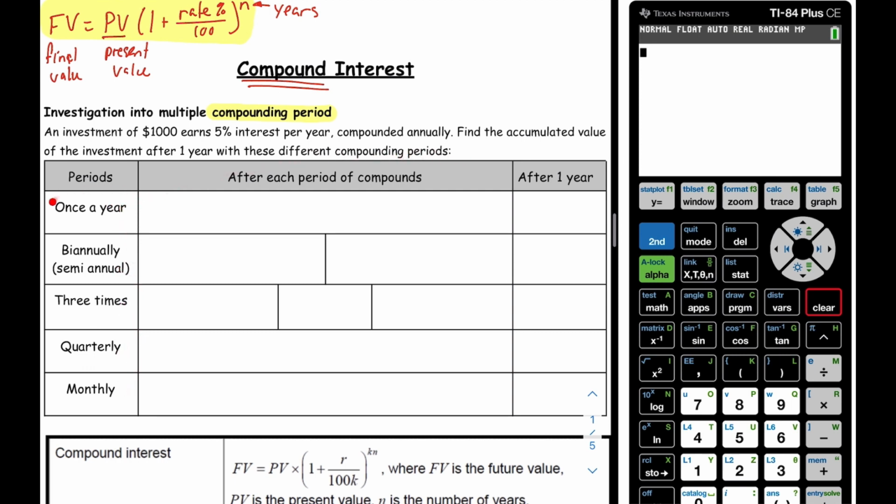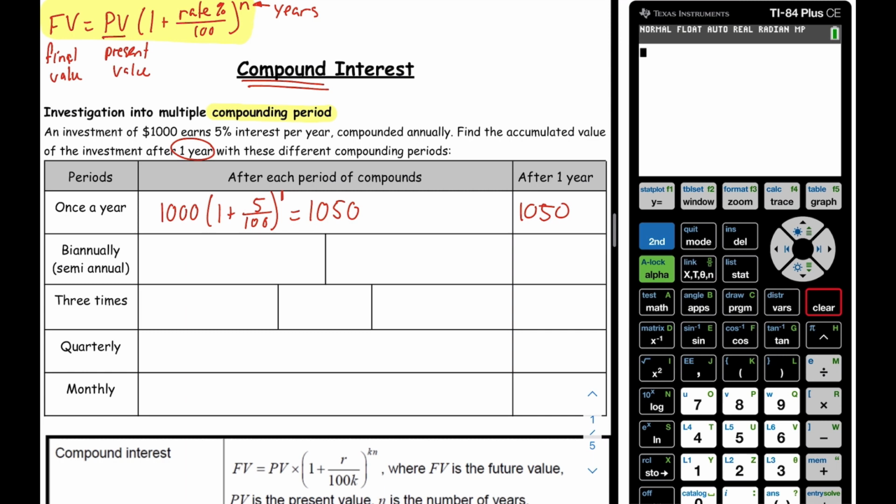So first off, if we're compounding our 1,000 once a year, that means that we're going to have to take our 1,000 and we're going to be adding 5%, so 5 divided by 100, and we're doing this for a total of 1 year. So my exponent is just going to be to the exponent 1. And if we do this, we're going to get $1,050. So after 1 year, I'm going to get $1,050.